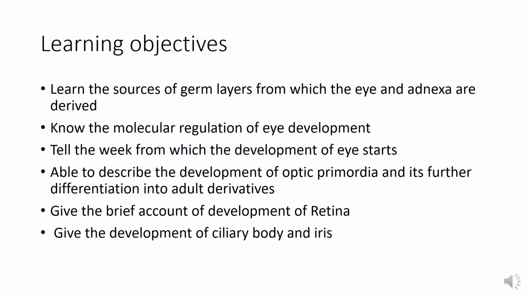Then you should be able to describe the development of the optic primordia and its further differentiation into adult derivatives. In the last, you should be able to give a brief account of the development of the retina and also the ciliary body and the iris.